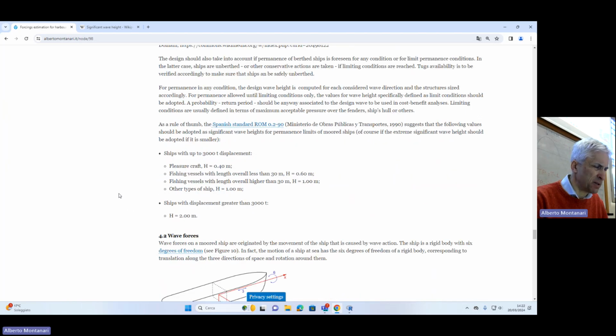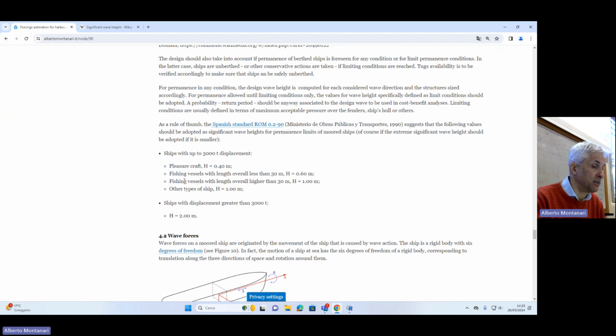Okay, finally, these are, I think, probably I already discussed them with you. These are indications of orders of magnitude of significant wave height, so design wave height, for some specific vessels, like for a displacement up to 3,000 tons, you see here the significant wave height. This is interesting for getting an order of magnitude.